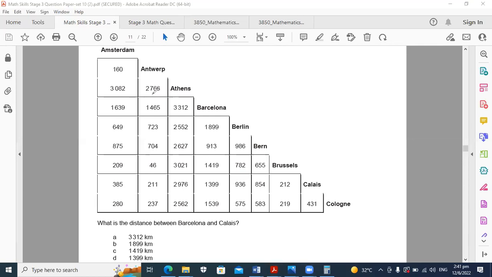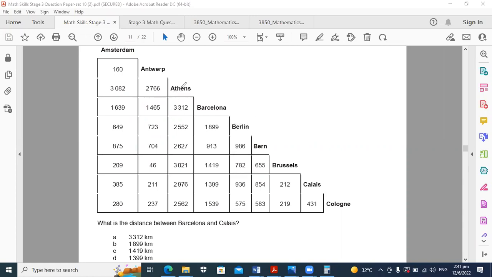All right, what do these numbers represent? The distance between them, not true? Yes, sir. So all right, look at Athens and look at Berlin.